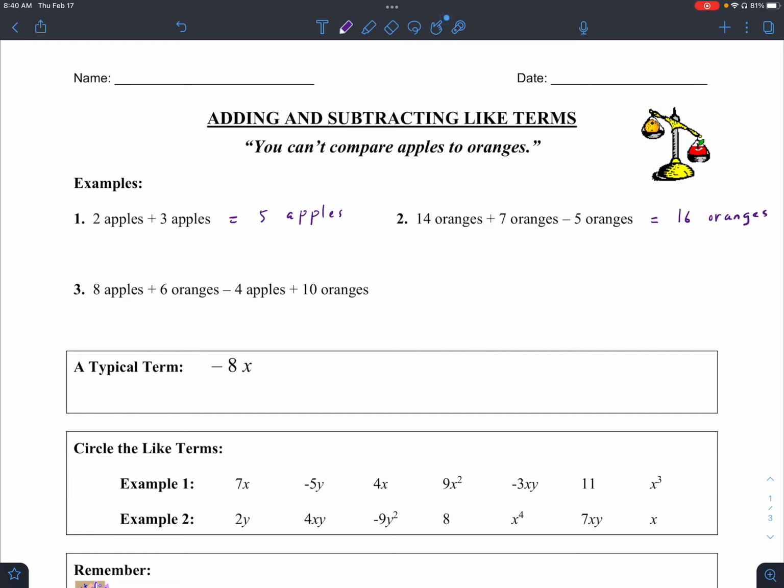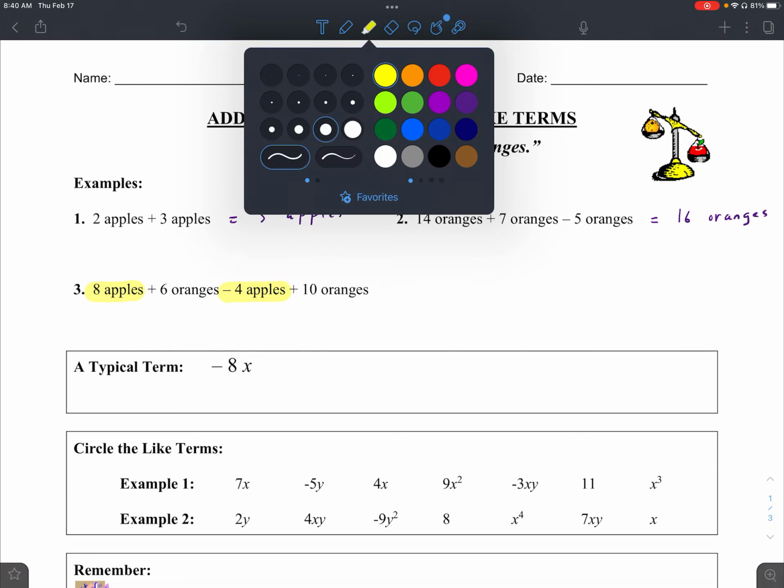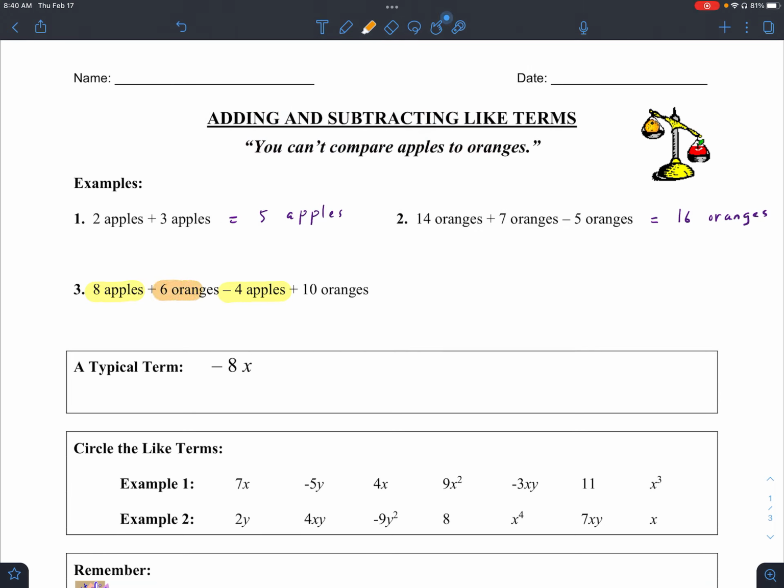What we can do is collect the apples and collect the oranges. Let's start with the apples first. We have 8 apples minus 4 apples, that would be 4 apples.